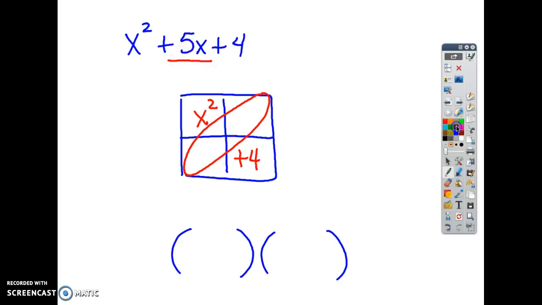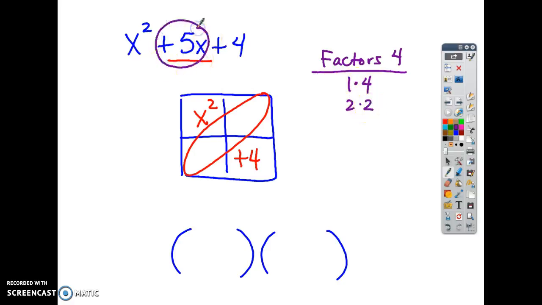So I need factors of 4. That would be 1 times 4 or 2 times 2. Which one of these two gives you a sum or a difference of 5? That would be the 1 and the 4. So you would put 1x and 4x. And they both have to be positive, right?